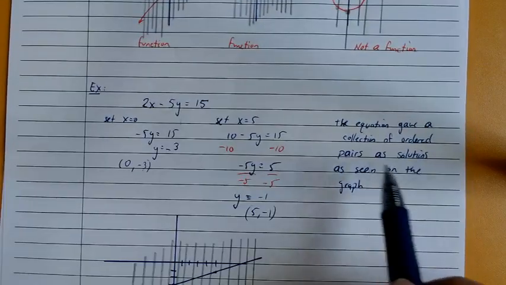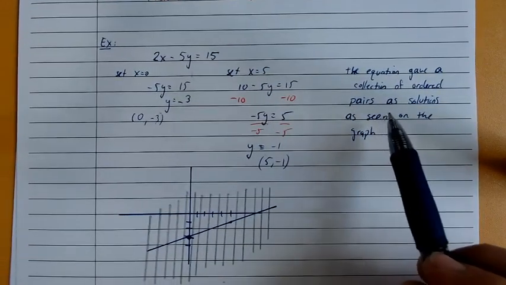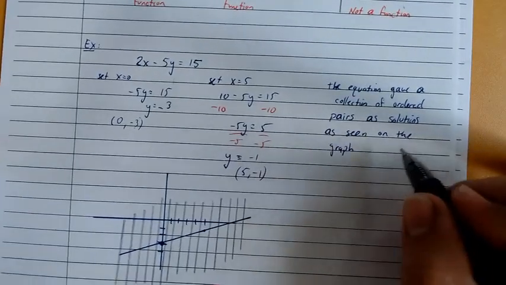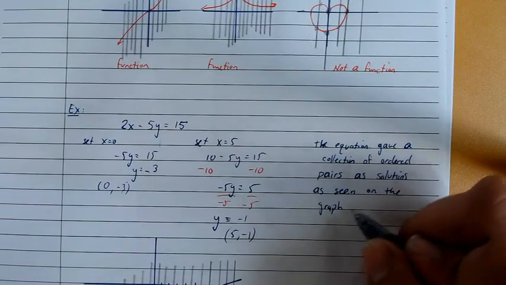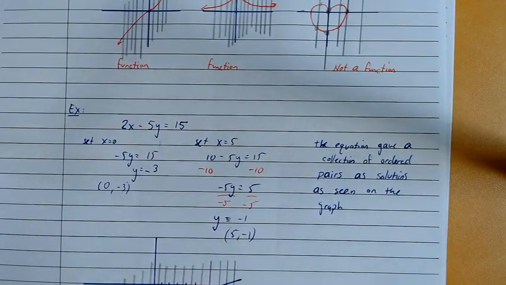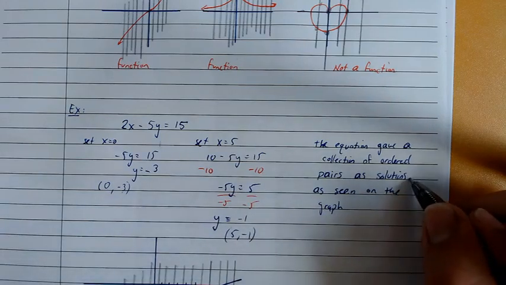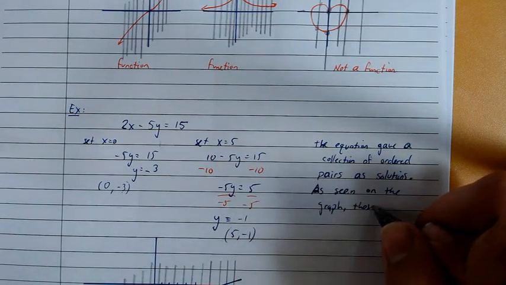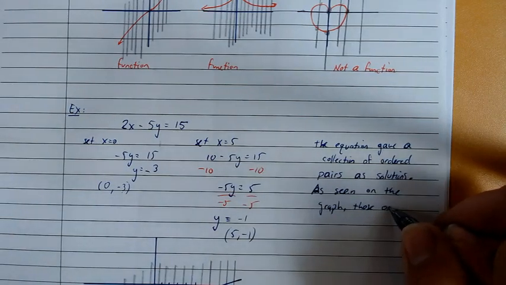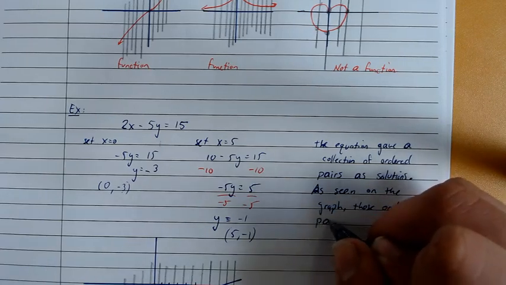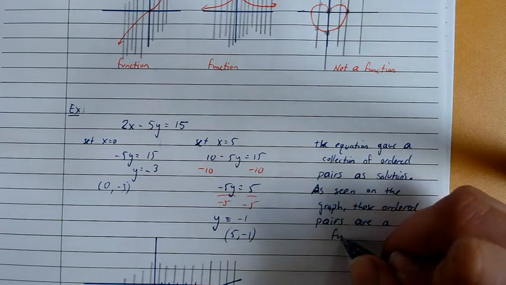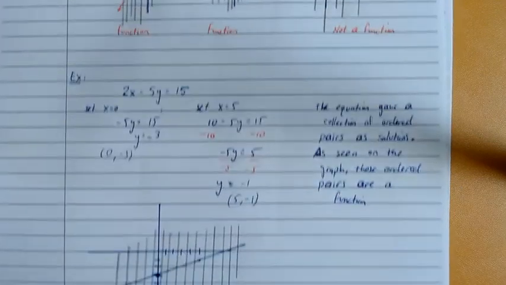All right, we're able to find a bunch of solutions, and those ordered pairs are seen on the graph right here. That's a new thought. As seen on the graph, those ordered pairs are a function. You can see that from the vertical line test.